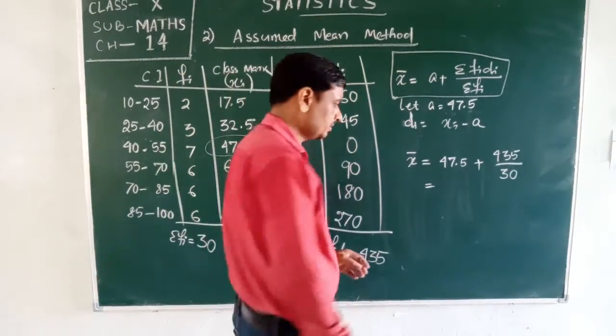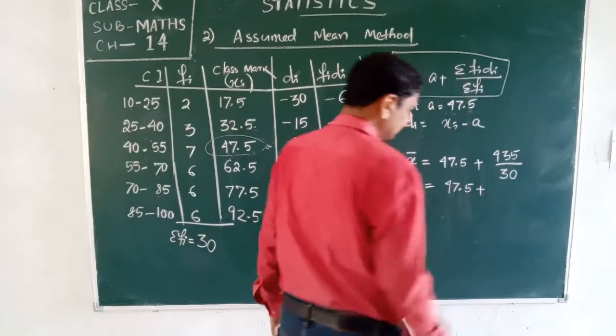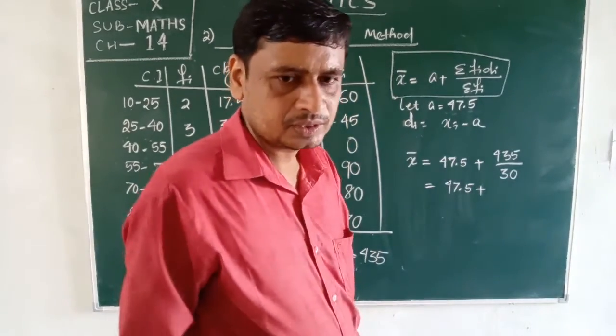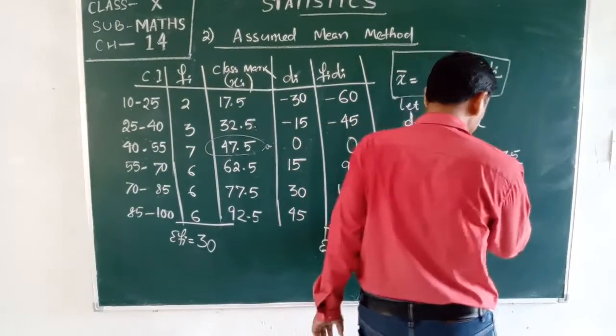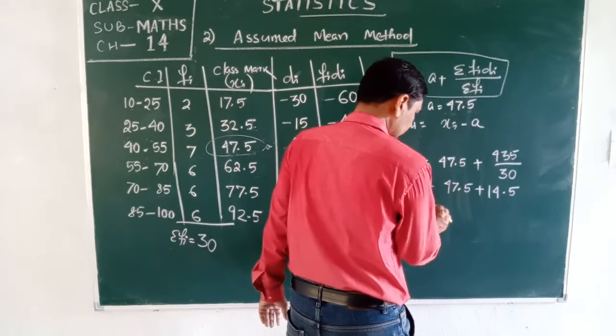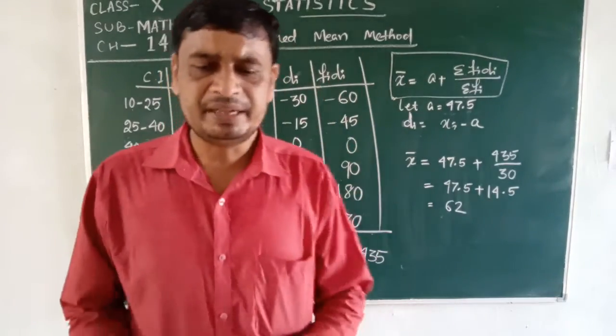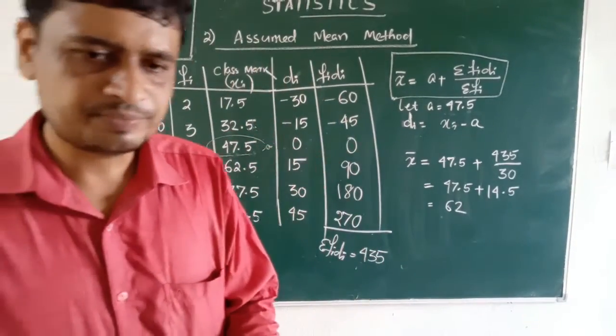It becomes 47.5 plus 14.5, which is 62. Here the mean is obtained as 62.